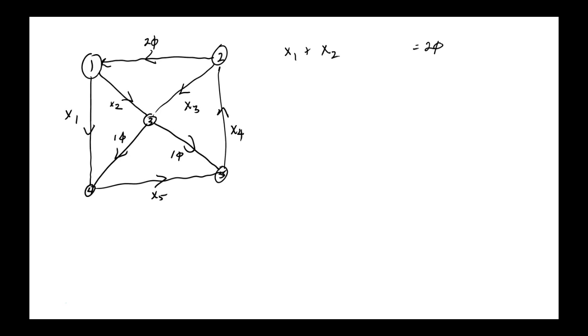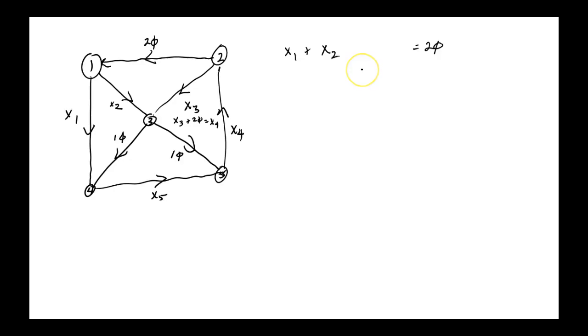Actually, I think the best thing to do here is to write it this way. What's leaving 2 has to be equal to what's coming into 2. And that would be x sub 3 plus 20, that's what's leaving 2, is equal to x sub 4. With that in mind, I want the x's on one side and the constants on the other side. So that would be x sub 3.